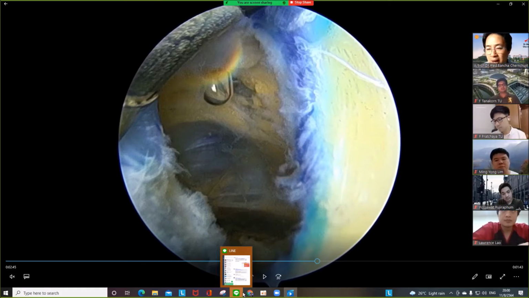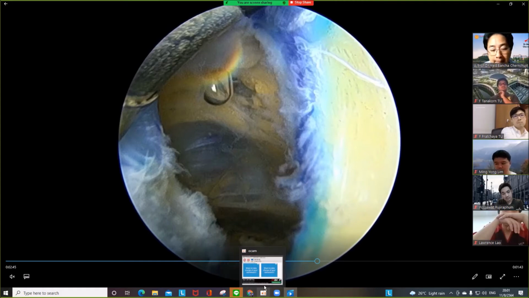You can switch your camera to a 70 degree. With 70 you can see better, right? Because with the 30 degrees sometimes you have some bright spot. So with 70 degree you can see very well. Okay, switch your camera until you feel that you remove the maximum cyst wall. Okay, good.